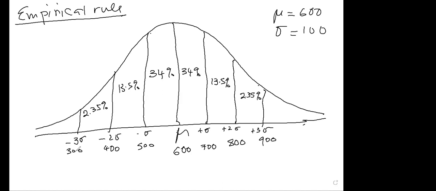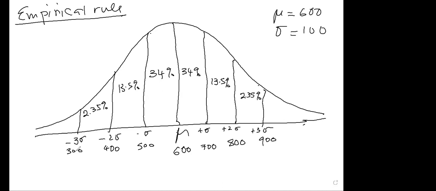13.5. What about the proportion of values that are above 800? This is a little tricky now. I want you to observe that the mean is dividing this distribution into 2 equal parts.